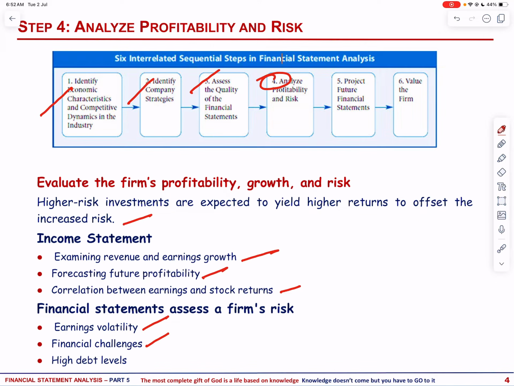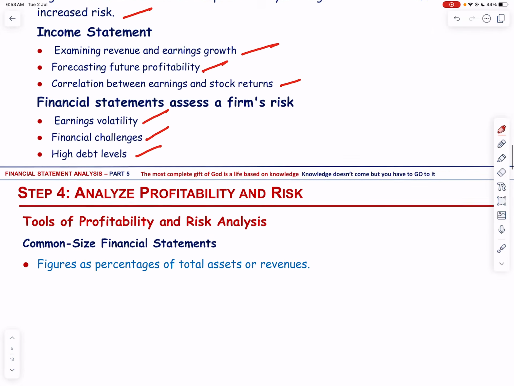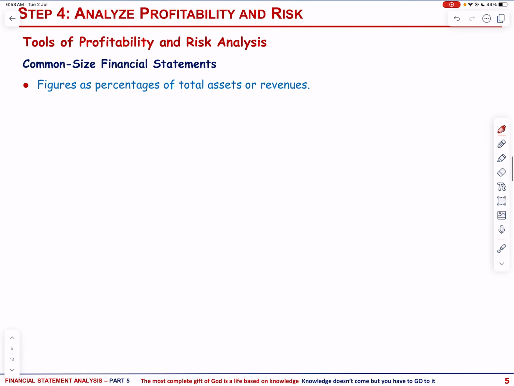High debt levels, if not managed properly, pose risk. Evaluating financial risk helps investors understand the risk of investing in a firm's common stock. Next, we will talk about the tools of profitability and risk.